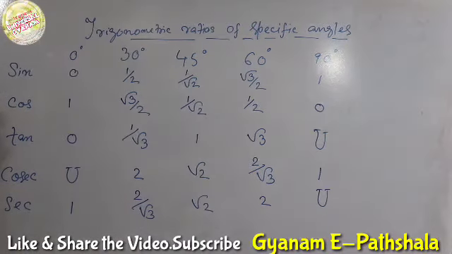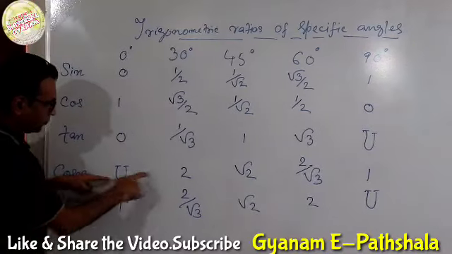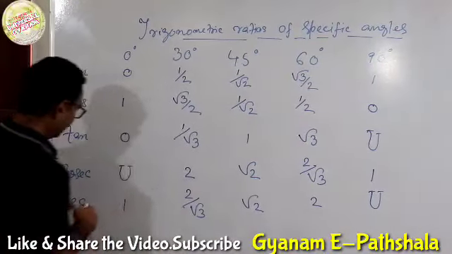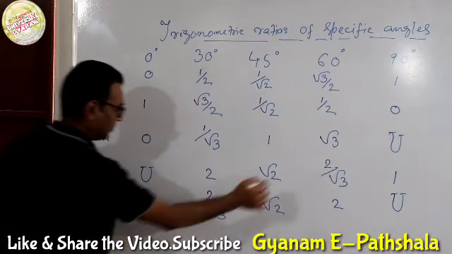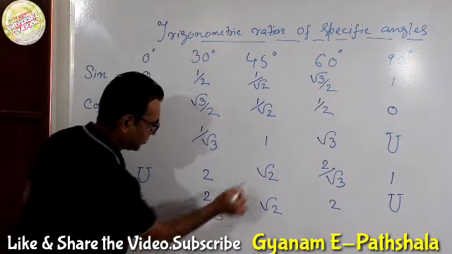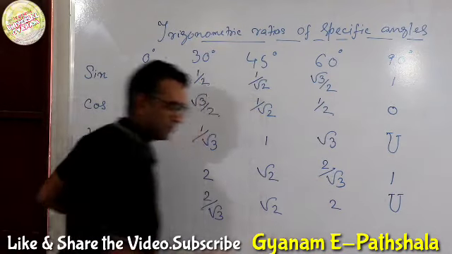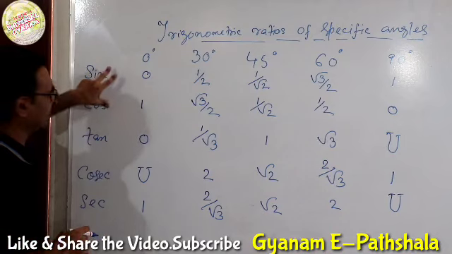Now there's something interesting here. If you remember cosec: u, 2, root 2, 2 by root 3, 1. In the case of sec, this entire sequence gets reversed: 1, 2 by root 3, root 2, 2, u. It's similar to what happened with sine and cos.